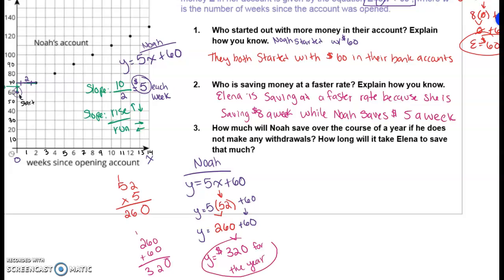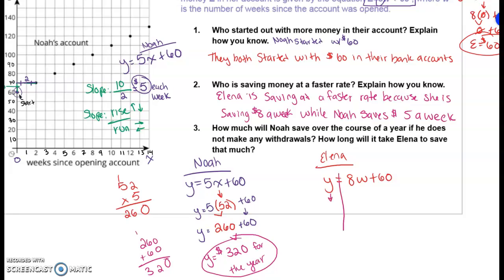Crazy. So now it says, how long will it take for Elena to save that much? So what's cool about Elena's equation, y equals 8w plus 60, instead of putting this 320 in for weeks, because that's how much money, remember her y is also money.